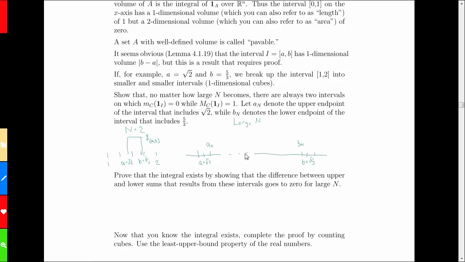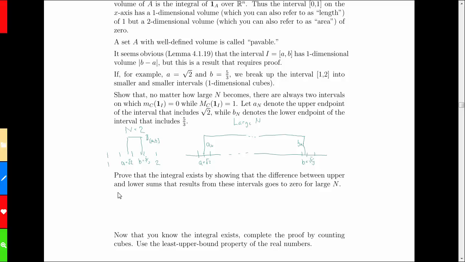Now think about all the dyadic cubes between 1 and 2. There will be lots of them where the contribution to the lower sum is 0 and the contribution to the upper sum is 0. There will also be lots of them in between a sub n and b sub n, where our indicator function has the value 1 and contributes the same amount both to the upper sum and the lower sum.